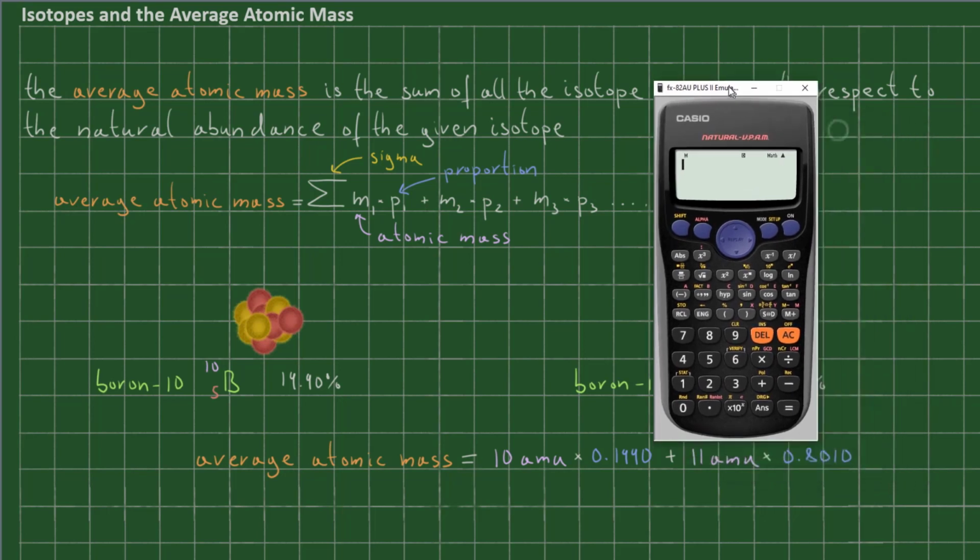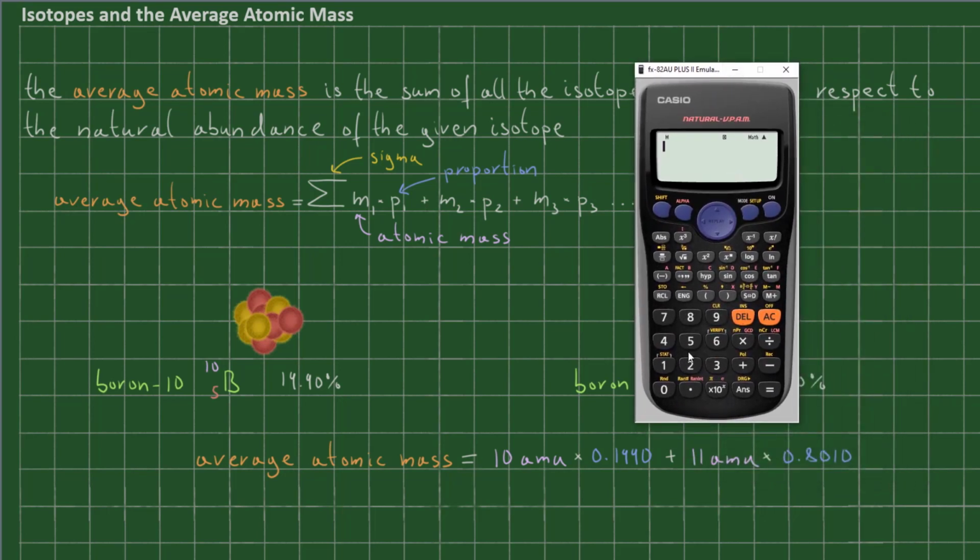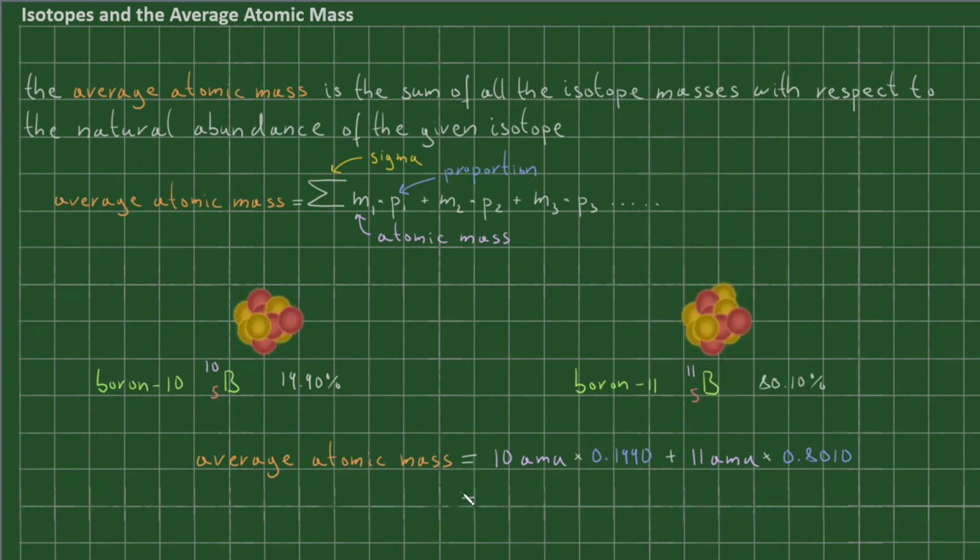So I have 10 multiplied by 0.1990 plus 11 multiplied by 0.8010. And I get 10.801. So I can say that the average atomic mass of boron is 10.801 AMU.